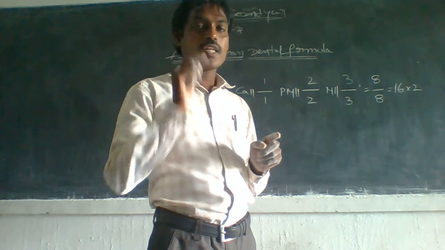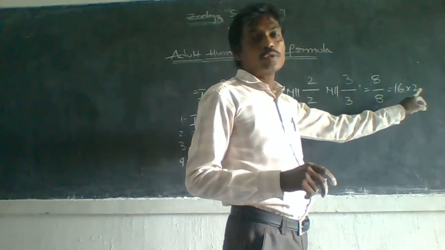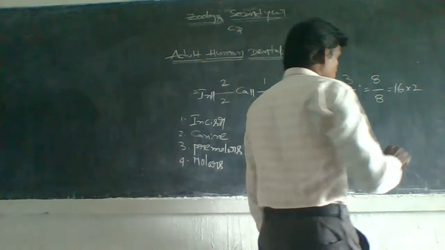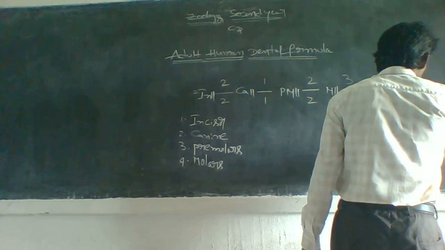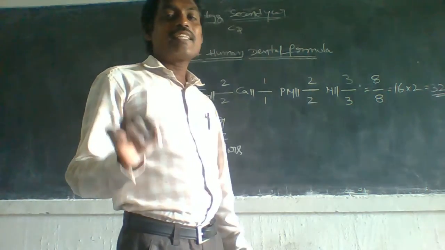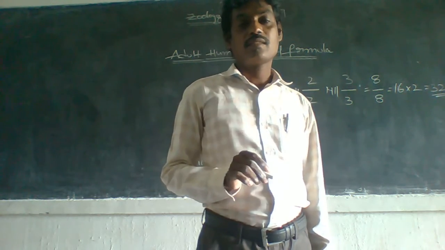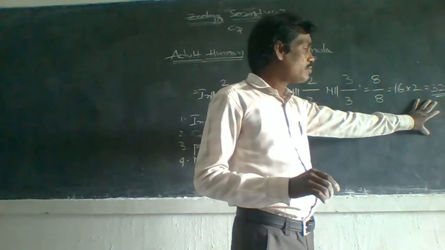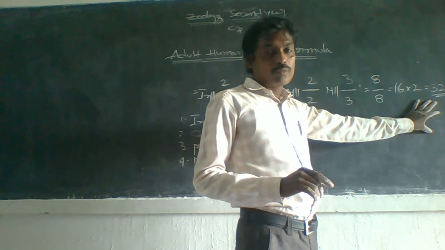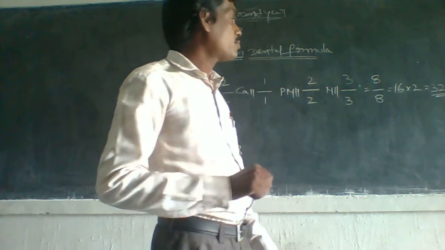This is one part. Total 2 parts, so 16 multiplied by 2 equals 32. Total teeth in adult human beings is 32.